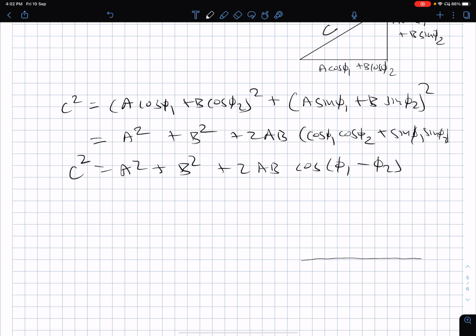Let's say this is my x-axis, horizontal axis. I think I'll rub this. So let's say this is my phi 1, this is my phi 2, and now you close the parallelogram.